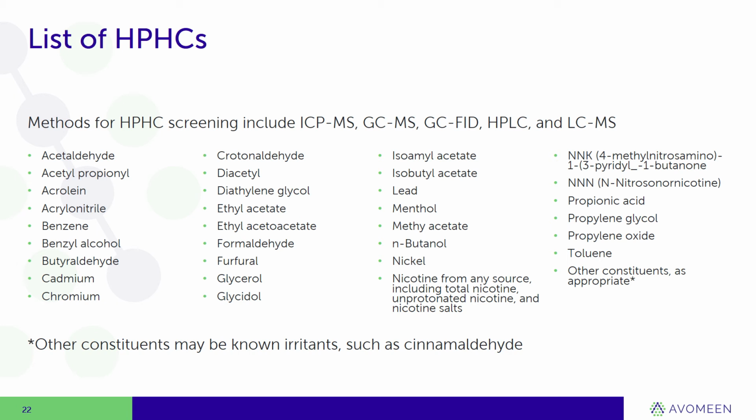Please refer to the Avomeen website for more information about some of these techniques. Some compounds which could be known irritants, such as cinnamaldehyde, one of the components found in cinnamon or cinnamon flavored products, should be tested for as well, but are not required if your product does not contain a cinnamon flavoring.